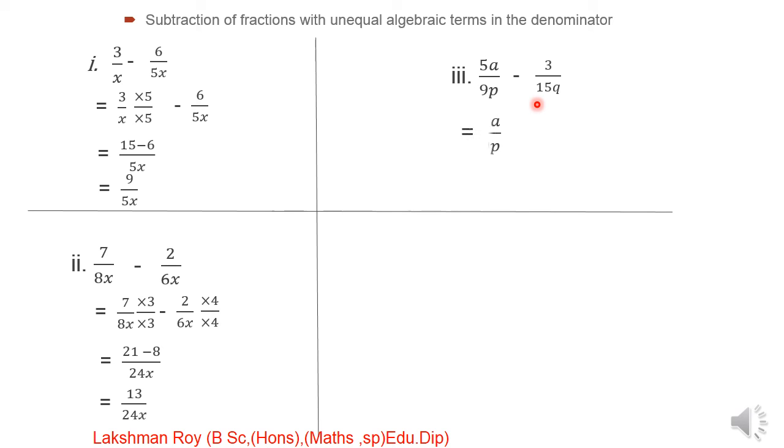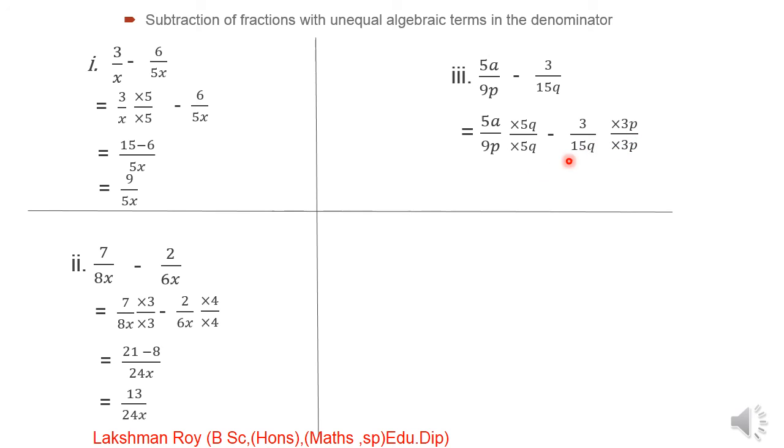Now make 45pq. Here, to make 9 into 45, multiply by 5, and to make pq, since p is there, multiply by q. So multiply the first fraction by 5q. For the second fraction, the denominator is 15q; to make 45, multiply by 3, and since q is there, multiply by p. So multiply by 3p, and you get 45pq.